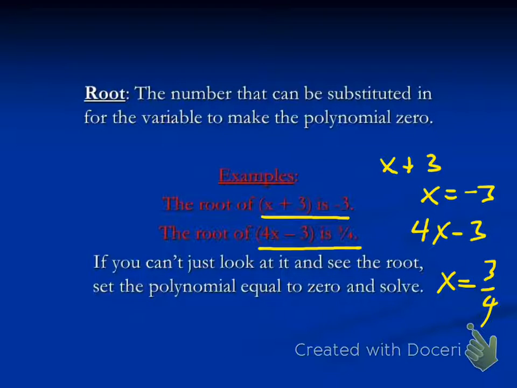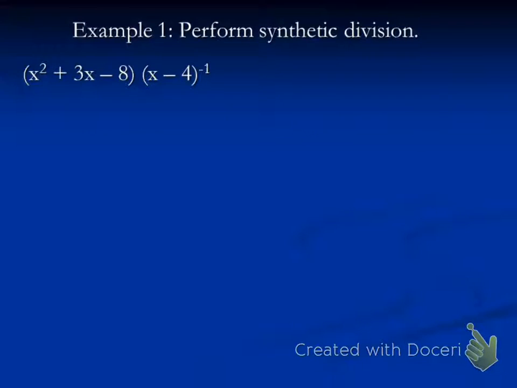So it's important if we have a divisor like x plus 3, the value that we're going to use is going to be -3. If we had a divisor like 4x minus 3, we could use 3/4 as our divisor, but 4x minus 3 might push us into long division because the 3/4 is going to make things a little bit tricky.